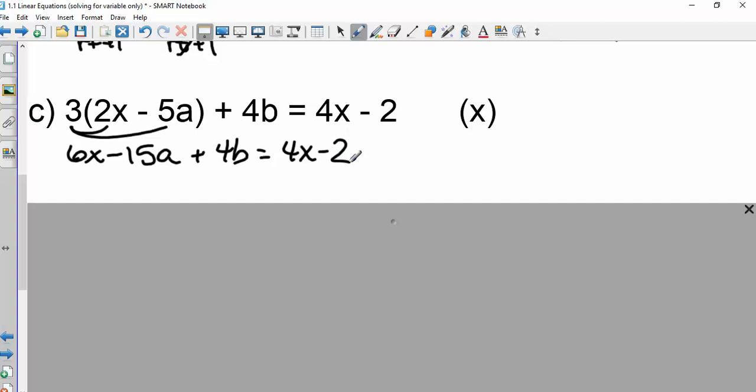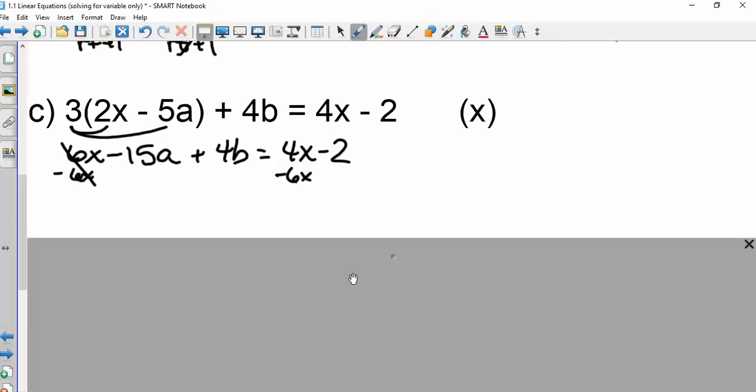Okay, I want all of my x's together, so what'd you do? Okay, so one person said subtract 4x, one person said subtract 6x. Does it matter? No, we're going to get there either way. So if I subtracted the 6x, and what will I need to do with this 2?